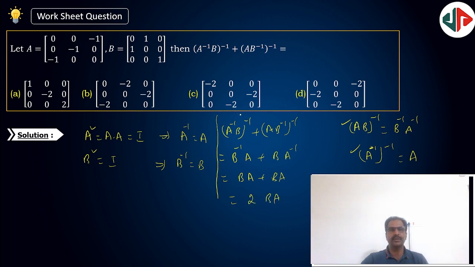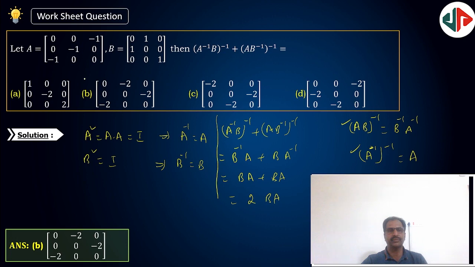You know how to find B into A. Multiply B with A and you will see that the final answer is B. Multiply matrix B with A and multiply with 2. Then you will get option B as the correct answer. So this is based on these two properties: if A square is I, A inverse is equal to A, and if B square is I, B inverse is equal to B.